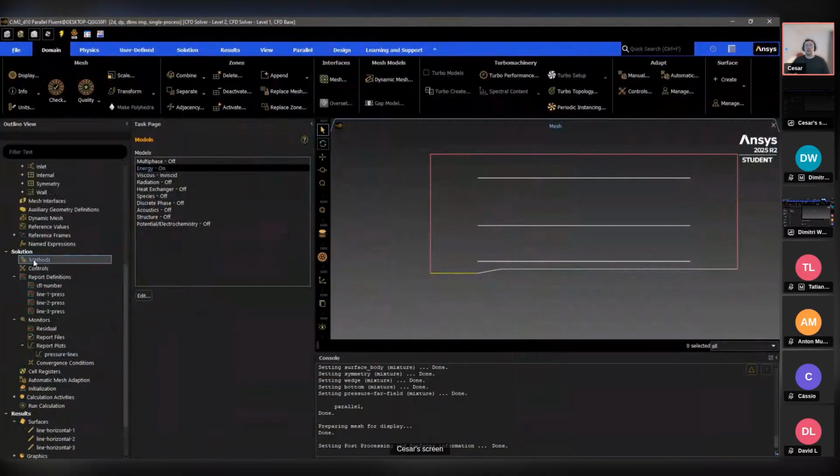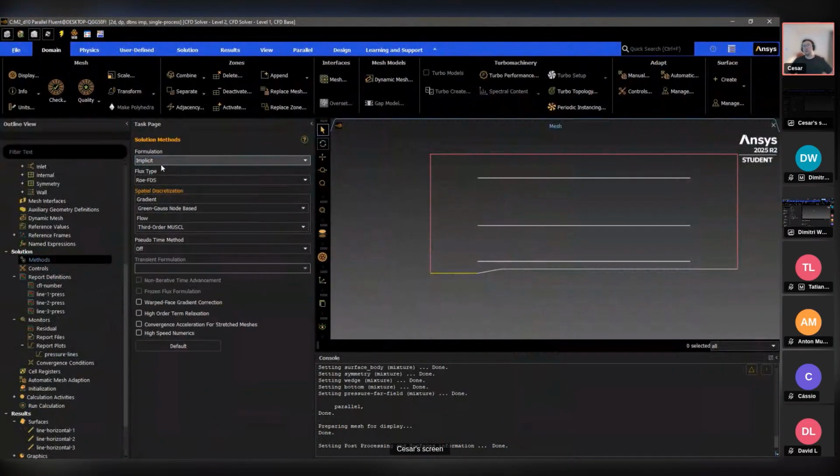Then regarding methods, we're using an implicit formulation. We're using the Roe upwind scheme for the flux calculation, which is a pretty standard method for shocked flows.